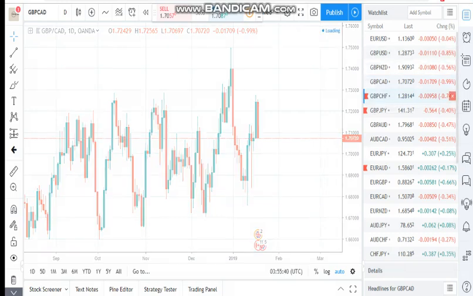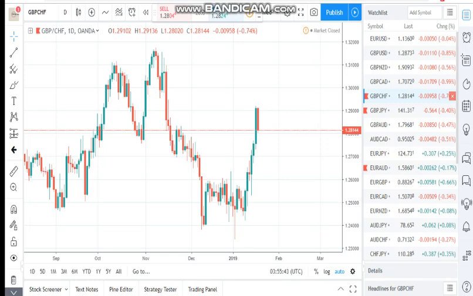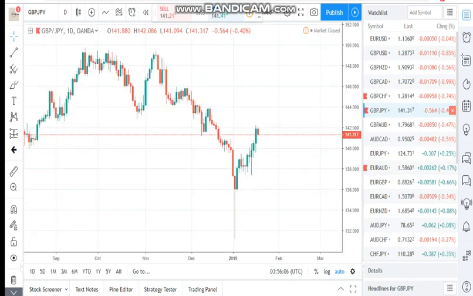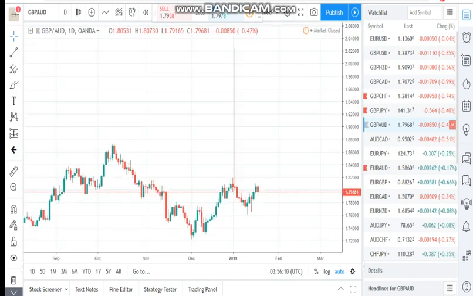You get almost the same signal on all these pairs at one particular time, but then you have to be very careful not to take all of these trades. Because let's say we are seeing what seems to be a buy signal. So you buy on GBP Swiss franc, then you go ahead and buy again on GBP JPY, or you go ahead and buy on GBP AUD.